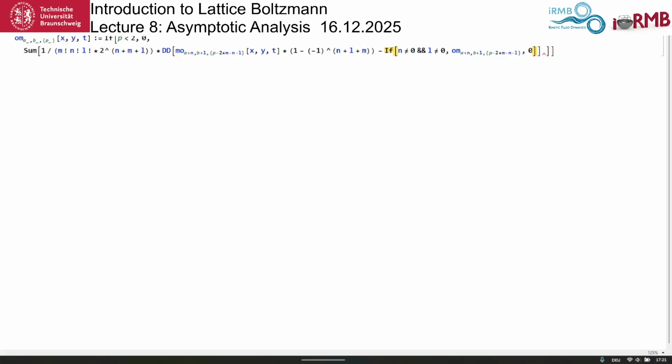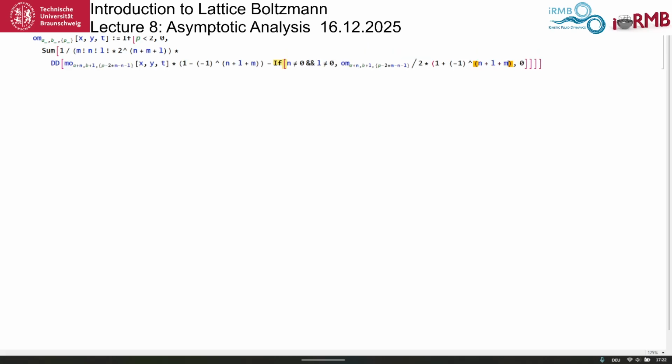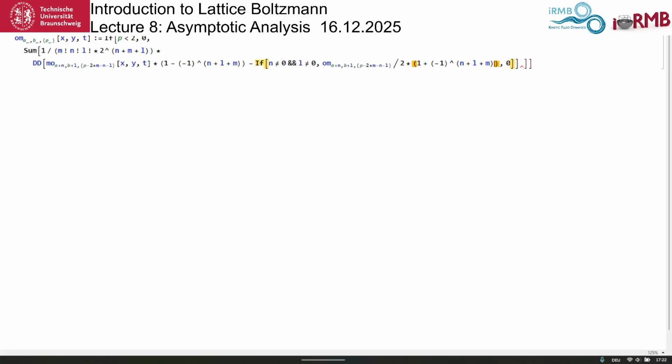We have to divide this by 2 according to our equation. And then we have to multiply this by 1 plus, the other one had a minus here, 1 plus minus 1 by the power of n plus L plus M. Okay, are we still agreeing on that? 2 brackets closed.